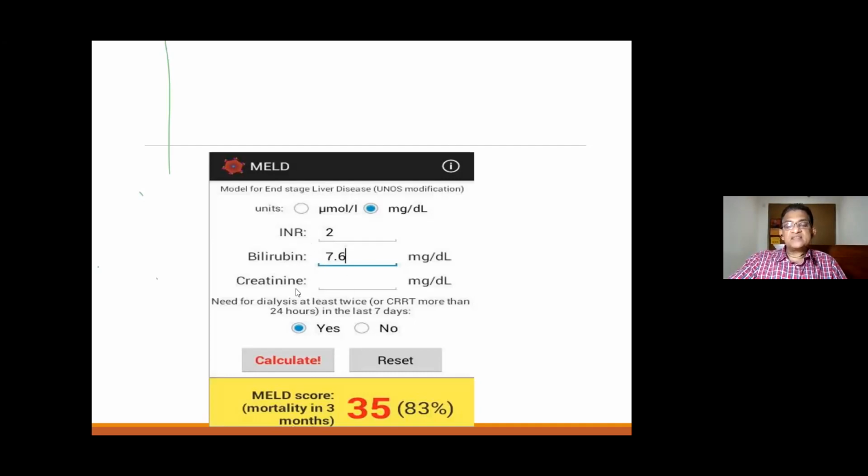So what happens is that when you calculate the MELD with high bilirubin due to Gilbert's or any other reason, hemolysis or thalassemia patient, then you get an inappropriate value. So when you are calculating the MELD for transplant, make sure your investigations are from a reputed lab, not from labs all over the countryside.